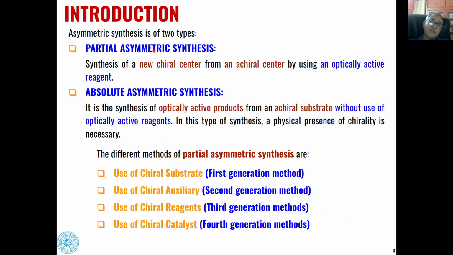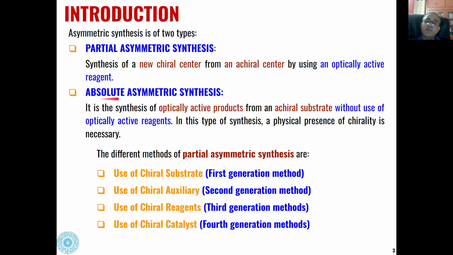Now, as far as methods for synthesis of an asymmetric nature are concerned, there are two types of synthesis involved. One is the partial asymmetric synthesis. Partial asymmetric synthesis is where a new chiral center from an achiral center is formed by using an optically active reagent.